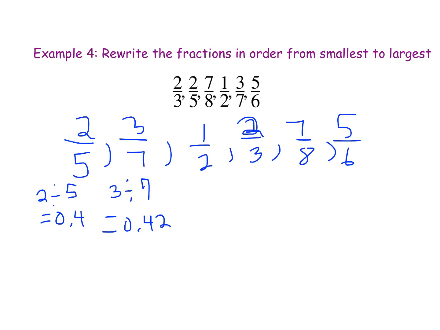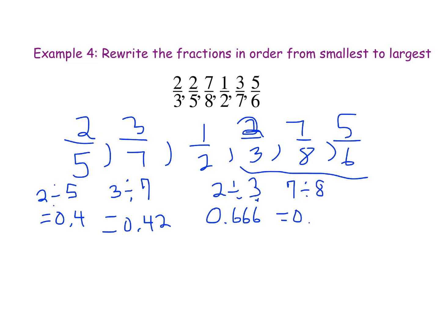Let's have a look at our highest numbers, the ones that are greater than 1/2. 2 over 3, if I divide 2 by 3 on my calculator, I'm going to get one of those repeating decimals. It's going to be 0.66666, and we can just put a dot over the 6 there to show that it's repeating. 7 over 8, if I divide 7 by 8, I'm going to get 0.875.